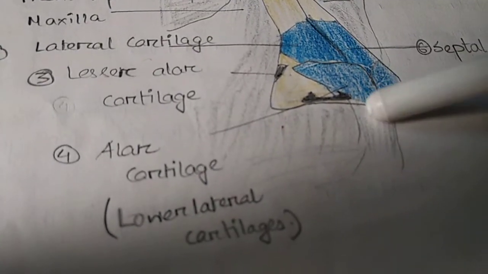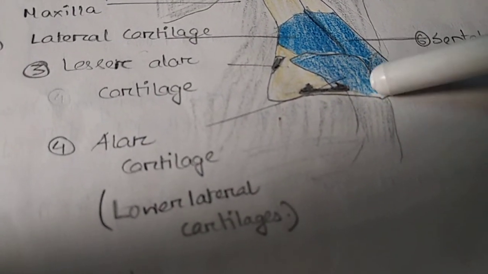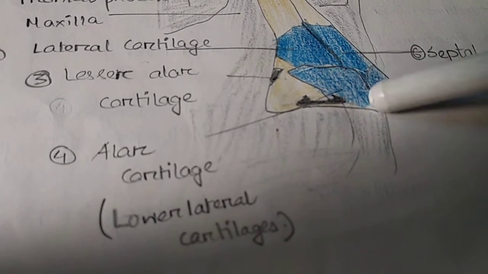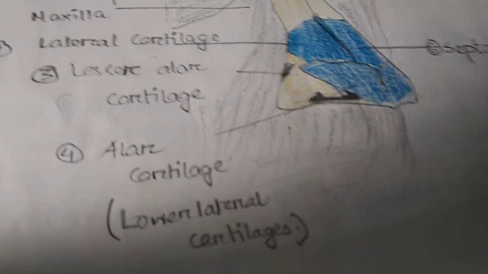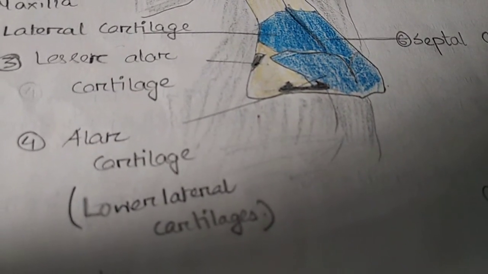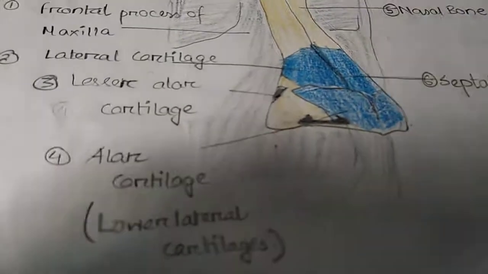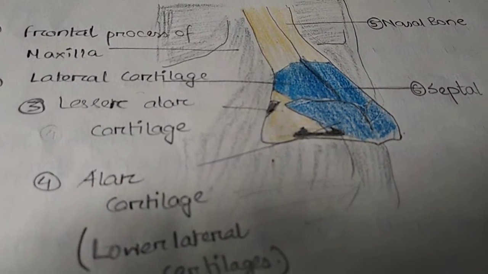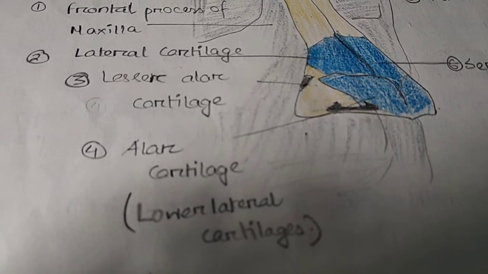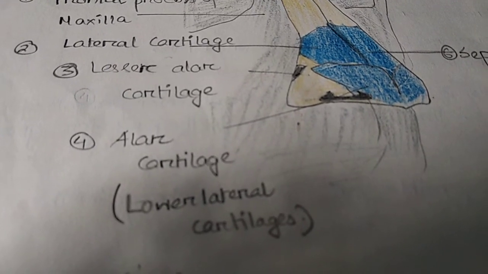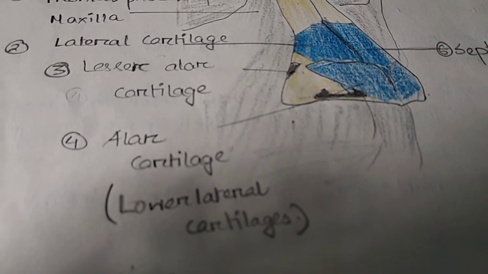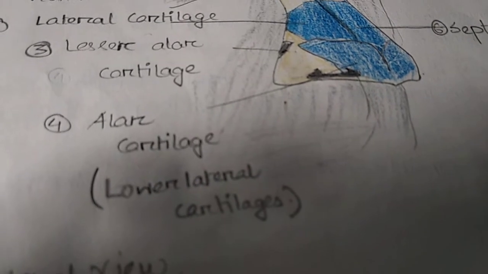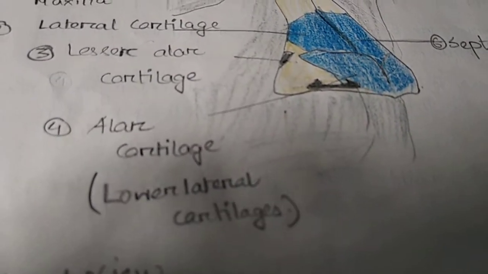Now if we see from inside of the nose, the lower part of the upper lateral cartilages can be seen as the limen vestibuli.